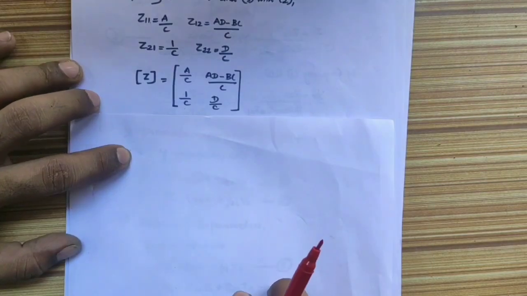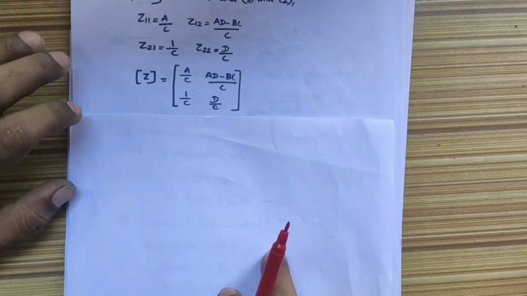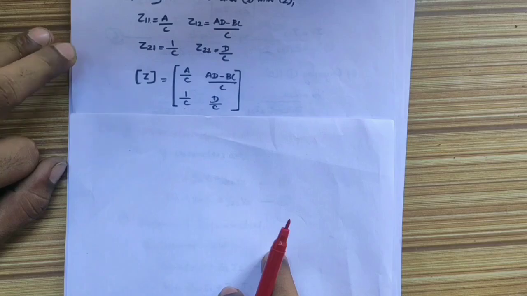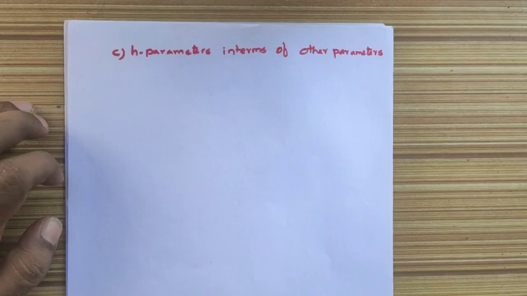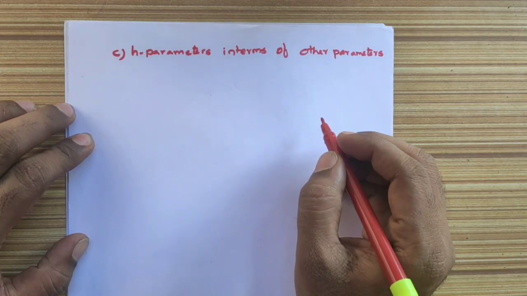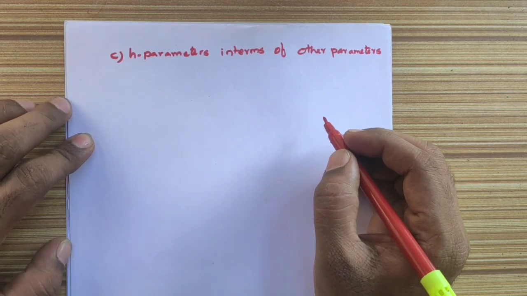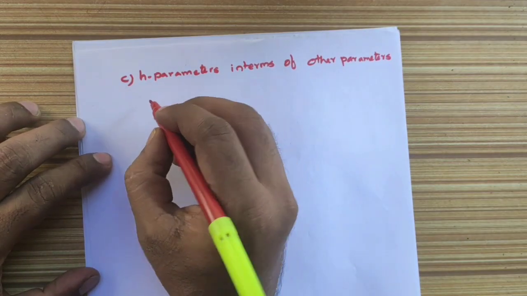Till now we have discussed the Z parameters in terms of H parameters, Y parameters and ABCD parameters. Next we are going to see the H parameters in terms of the other three parameters. So for that I am taking the H parameter equations.